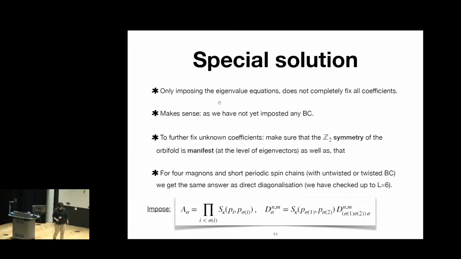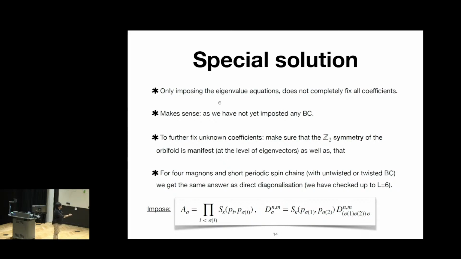So you do this, and you start solving, and you discover that if you only impose these eigenvalue equations, you can in fact not fix all the coefficients. And this is okay, we are not crazy. This makes sense because we have not yet imposed any boundary condition in this infinite chain. What we will do, because at this stage we don't want to impose boundary conditions actually, is a trick.